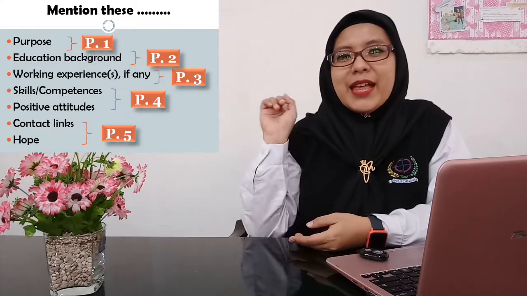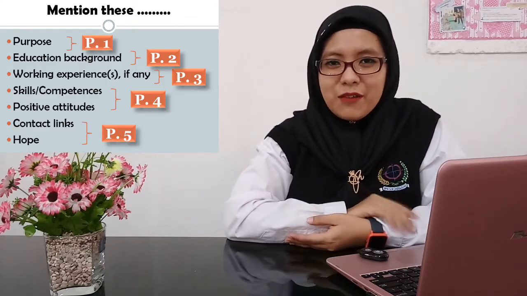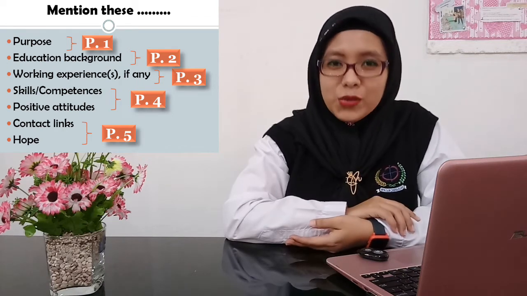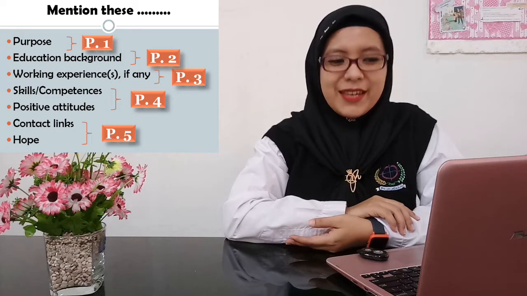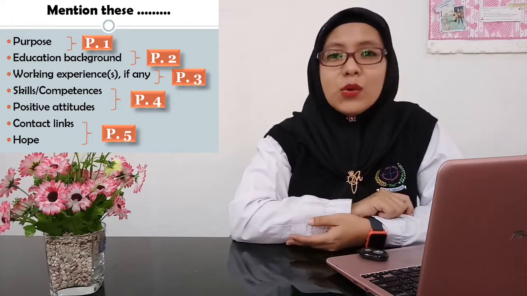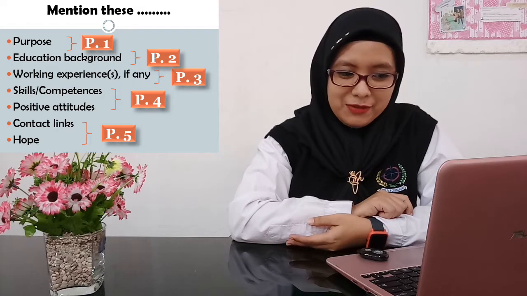Okay, what about if you want to make 5 paragraphs? Okay, look here. This is one paragraph management that you can adopt, right? In paragraph 1, you only mention the purpose. And in the next paragraph, paragraph 2, you mention only your educational background.